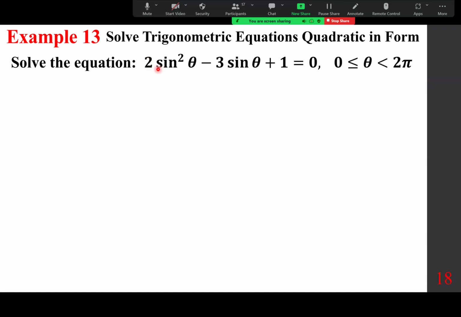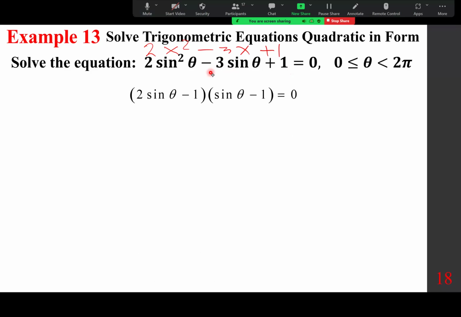So this is like 2x squared minus 3x plus 1. And again, you want two numbers whose product is 2. So 2 and 2 sine theta and sine theta, and positive 1 would be negative 1 and negative 1, or positive 1 and positive 1. Since this is negative 3, both of them are negative 1.